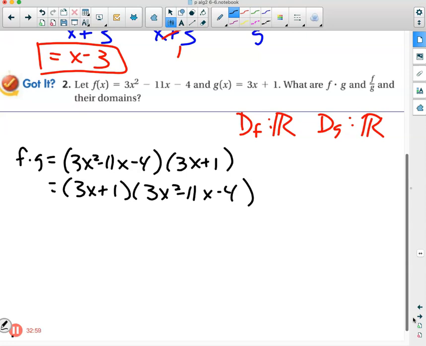Commutative. Commutative property of multiplication. Yeah. So now let's do the math. That's what we're supposed to do anyway today. 3x times 3x squared is 9x to the third. 3x times negative 11x is negative 33x squared. 3x times negative 4 is negative 12x. And then I can just take 1 times everything.